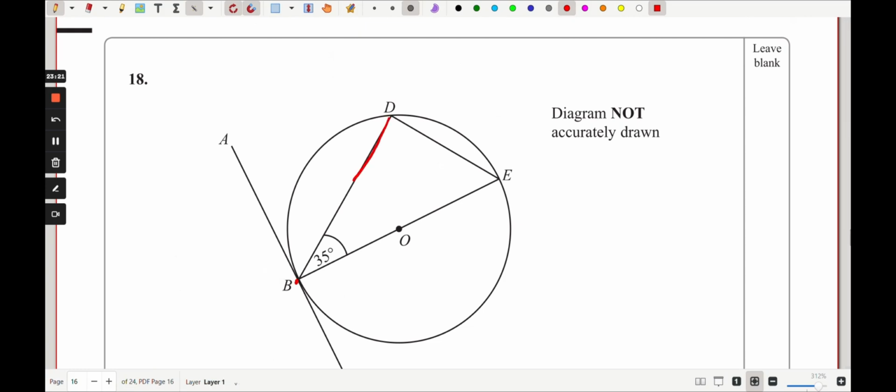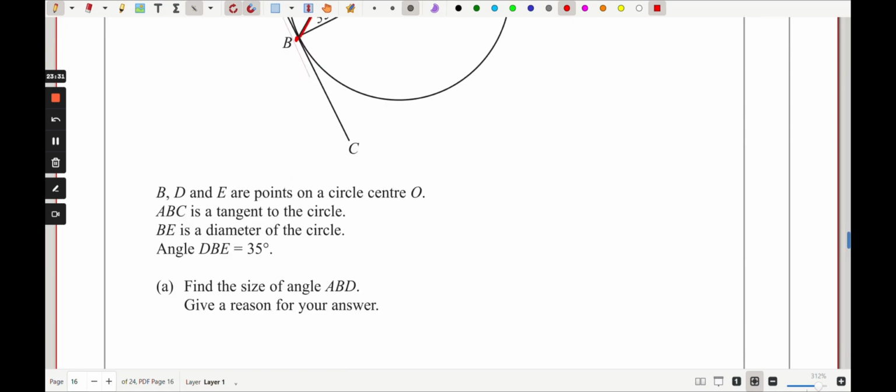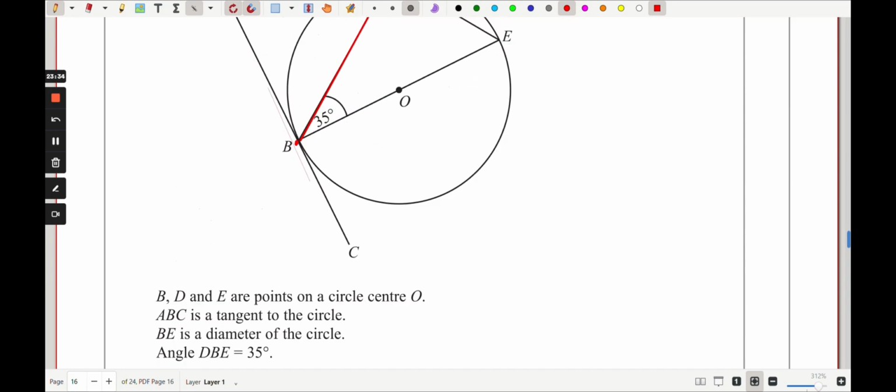This is a chord, and here we have the tangent. B, D and E are points on a circle, center O. ABC is a tangent to the circle, this one here. Now BE is a diameter of the circle.